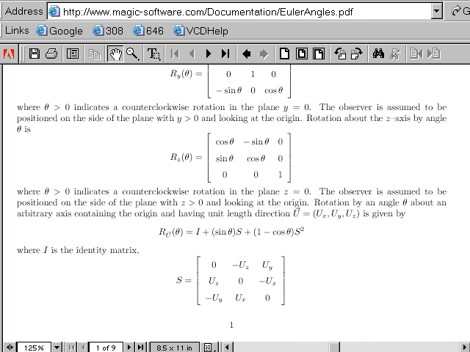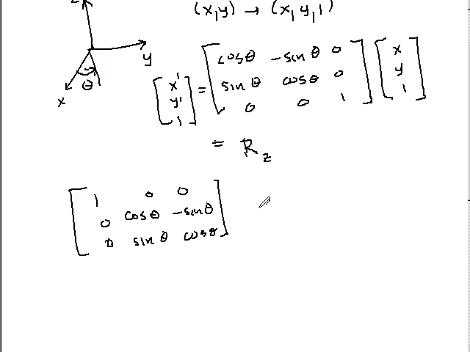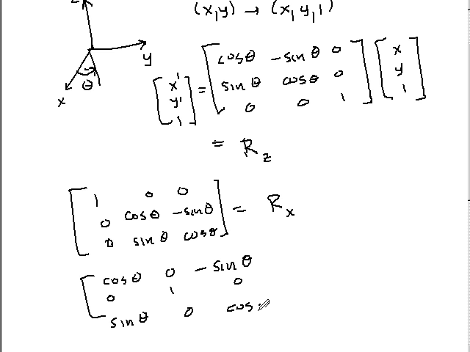Now, obviously, you can combine them. And then there's one final one, cosine theta, 0, minus sine theta, 0, 1, 0, sine theta, 0, cosine theta, which is rotation about the y-axis.